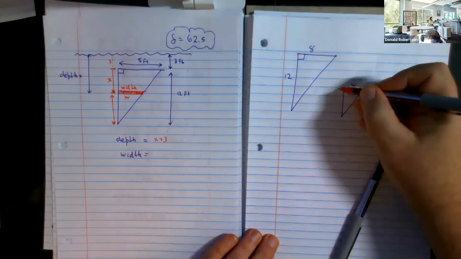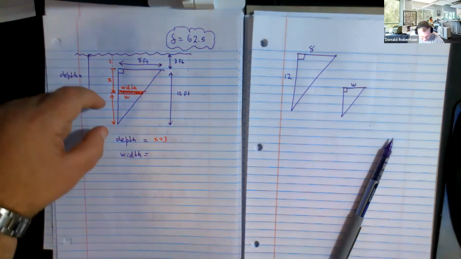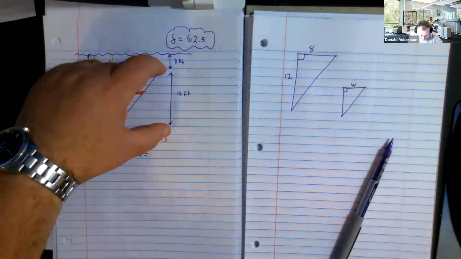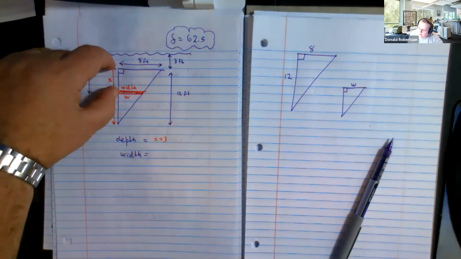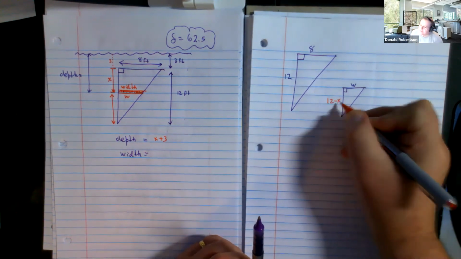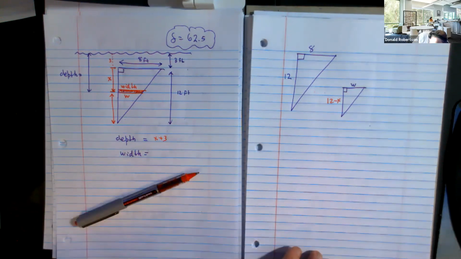Because that's this guy. What is this piece? 12 minus x. You see where that's coming from? 12, cut out that bit. 12 minus x. Do you see it's a little bit different? A little bit messier? So orientation in a triangle can make your life a little bit more awkward.